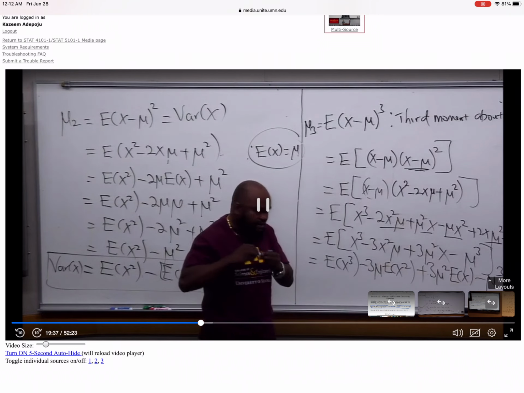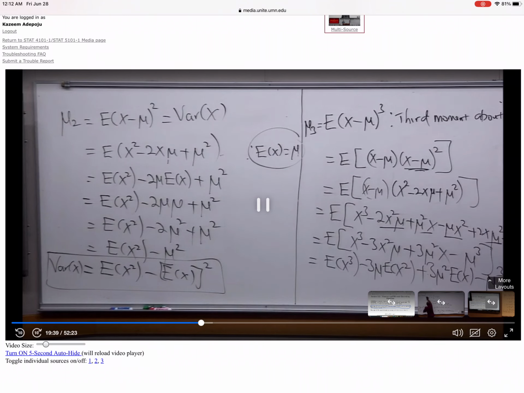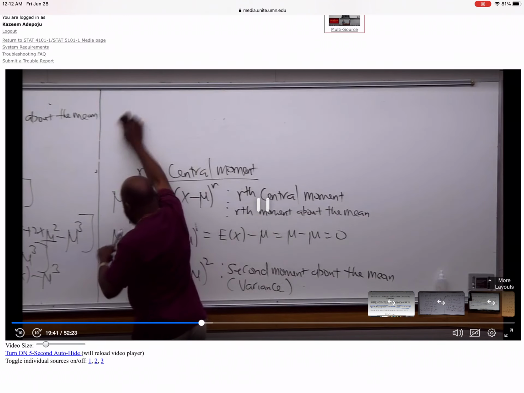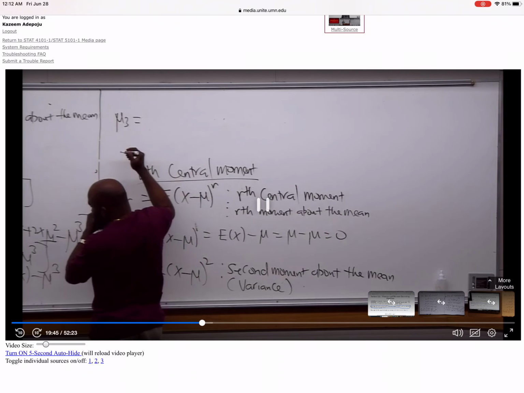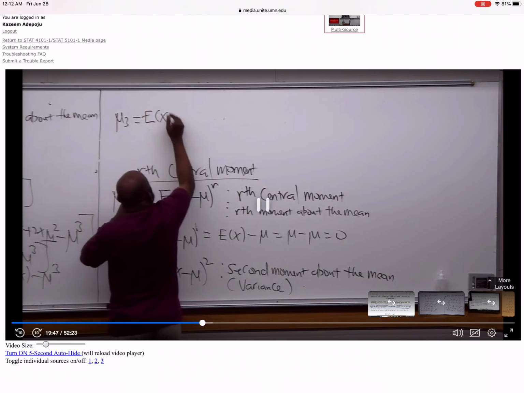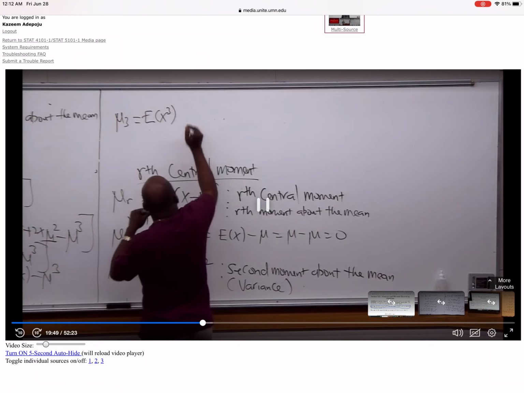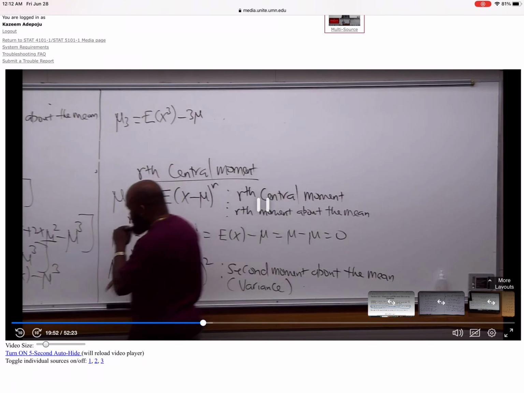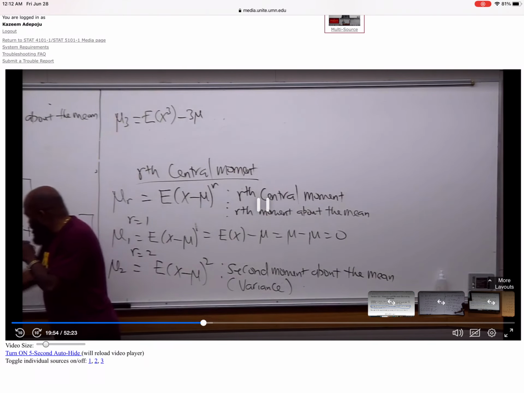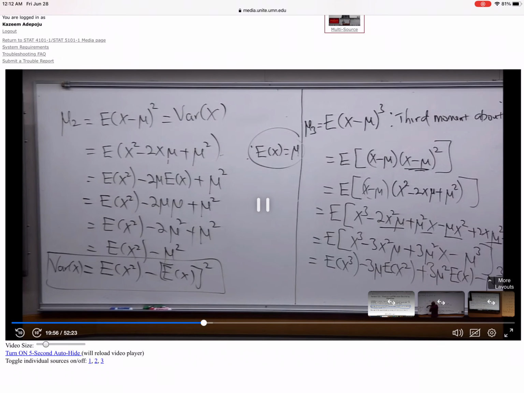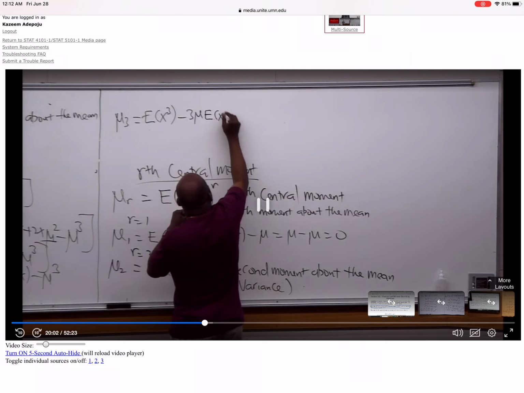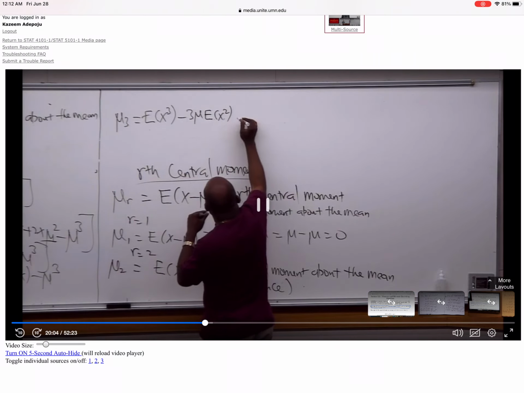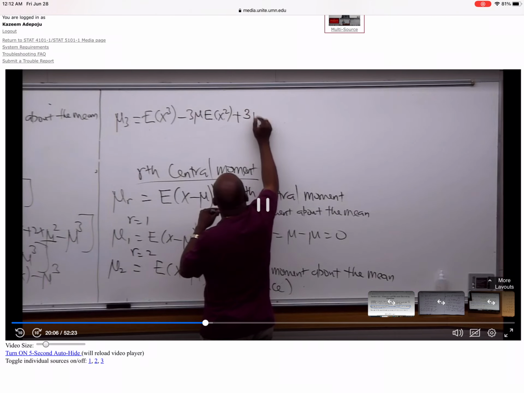Now the third moment, the expectation of that, minus 3 mu, that is the expected value of x squared, plus 3 mu squared times the expected value of x.